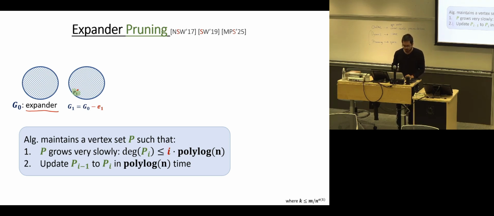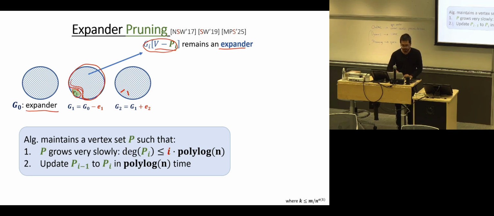What it will do is find you a set to prune out, P1, such that the complement, G minus the prune set, is still an expander. Then the next update may come, you might insert or delete, whatever.